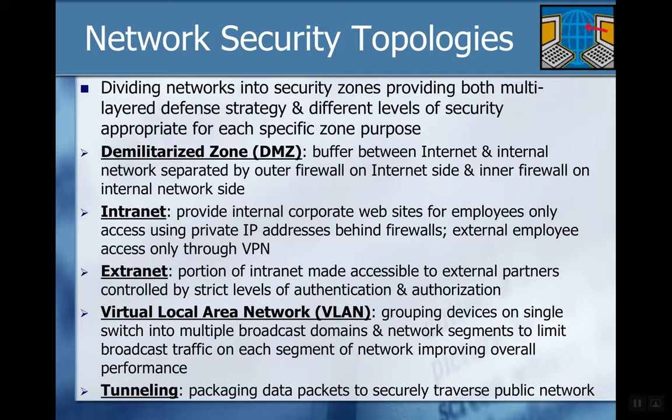You can come in from the internet through an intranet using a virtual private network, or VPN. Extranet is basically a shared intranet space between multiple organizations, controlled by authentication, authorization, firewalls, things of that nature.